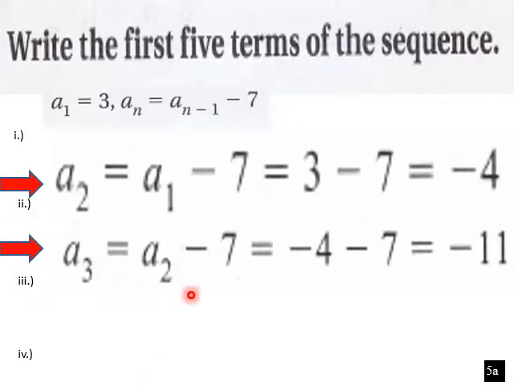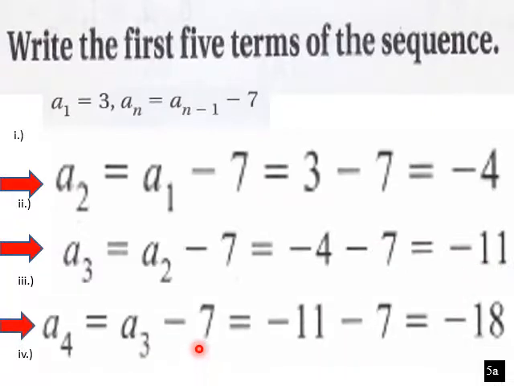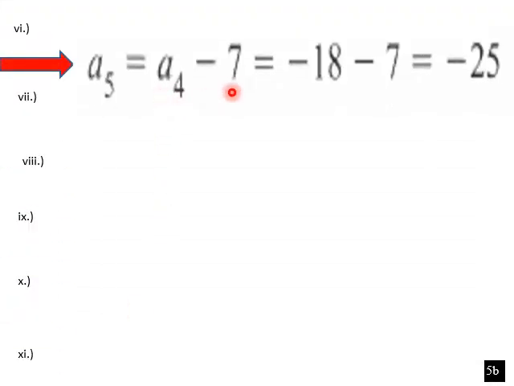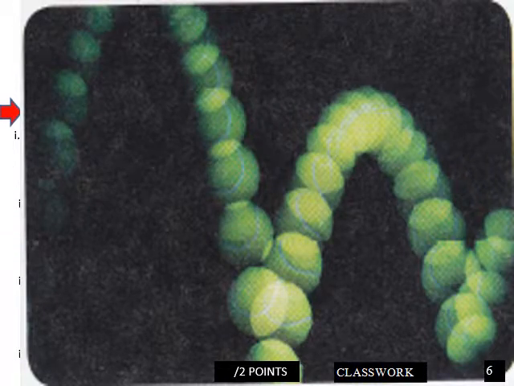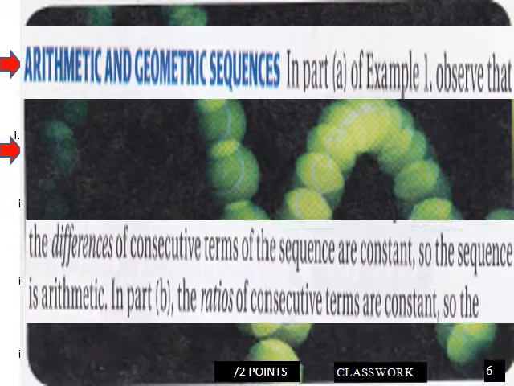And then a sub 3 would be a sub 2 minus 7, negative 4 minus 7, negative 11. a sub 4 would be negative 11 minus 7 equals negative 18. Then a sub 5 would be negative 18 minus 7, negative 25. So that would be our solution to that recursive sequence.